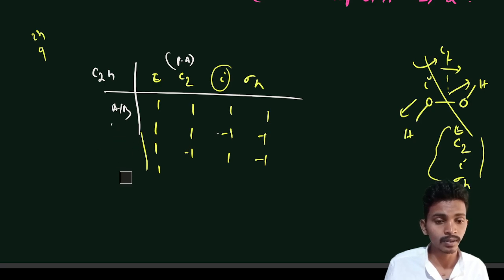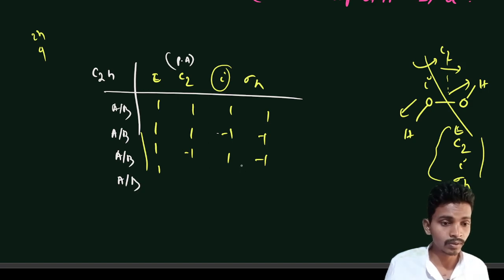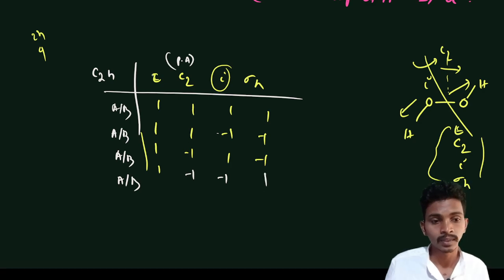So repetitions will not be allowed. Okay, so here I will put minus 1, here minus 1, this is 1. Now I see. So C2, if it is positive then only A, and if negative then B will come.